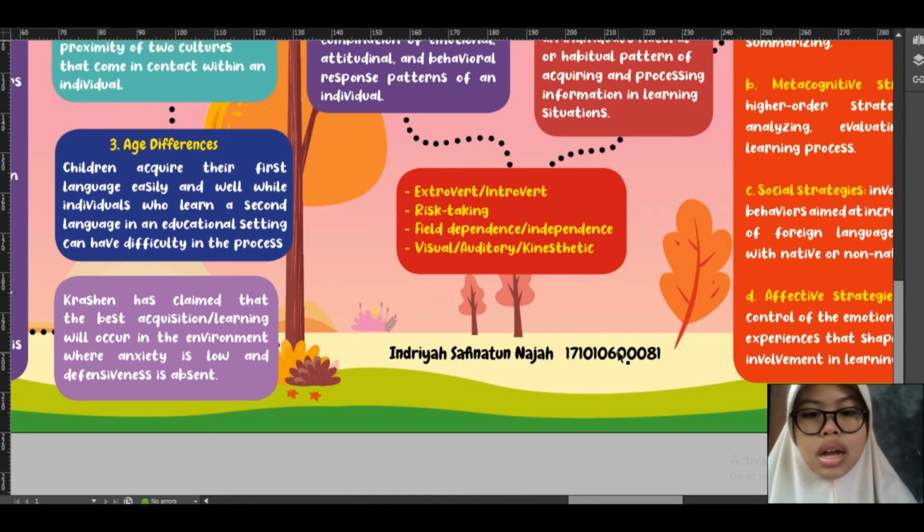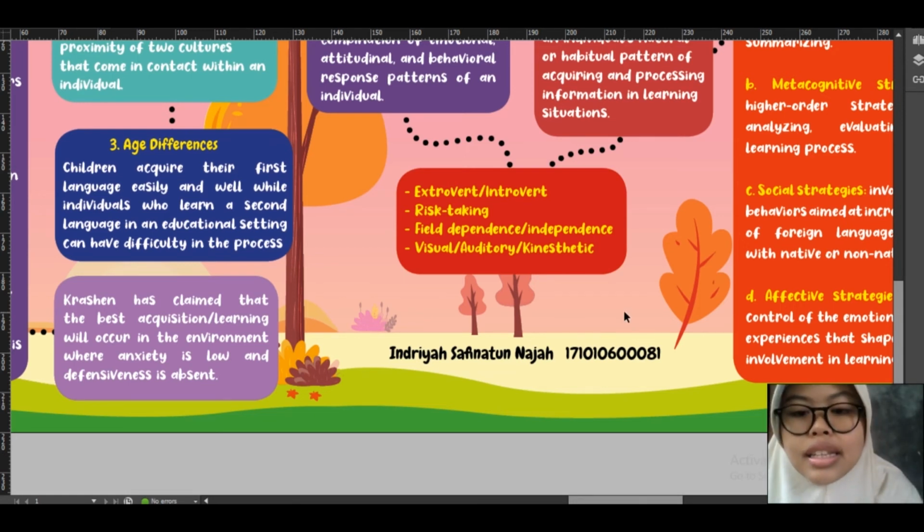Okay, and then visual people will depend on visual means to learn language, such as watching videos or other kinds of visuals. And auditory is a learning type where people like to hear or listen to others, such as listening to the teacher or having conversations between friends.